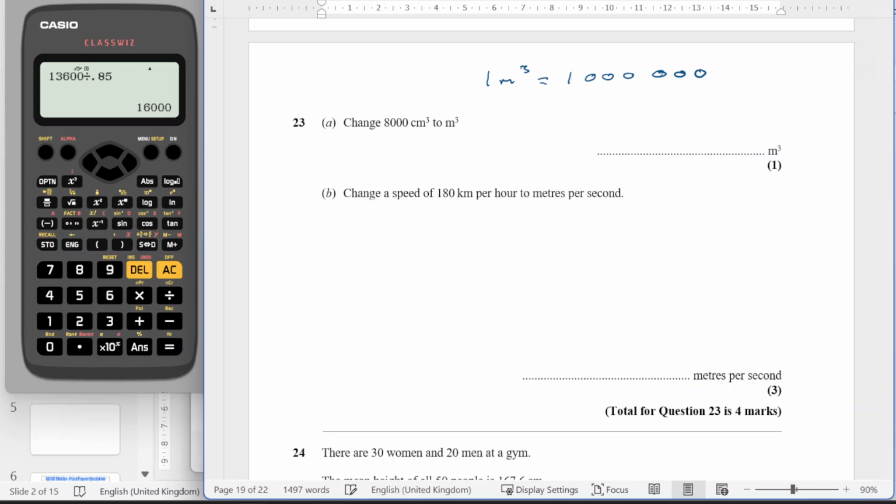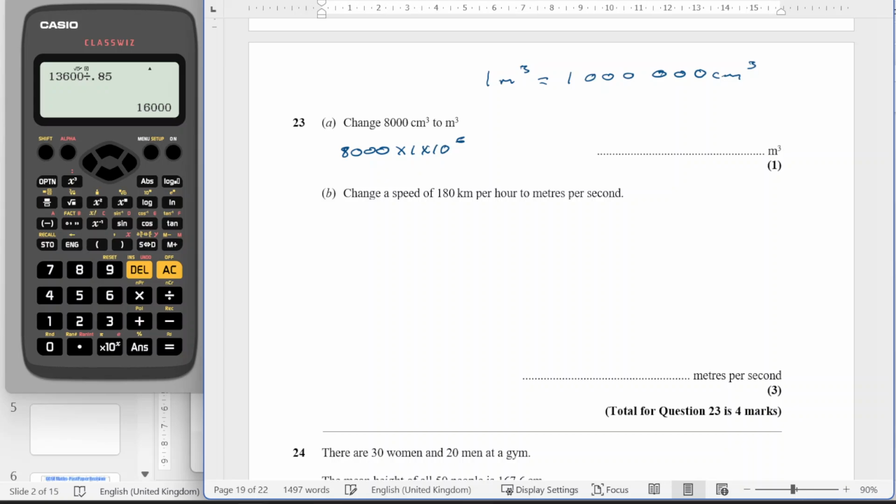So if I'm trying to convert this, centimeters cubed, I'm in effect going to do 8,000 times by 1 times 10 to the 6. So I'm moving this decimal point 6 places this way.